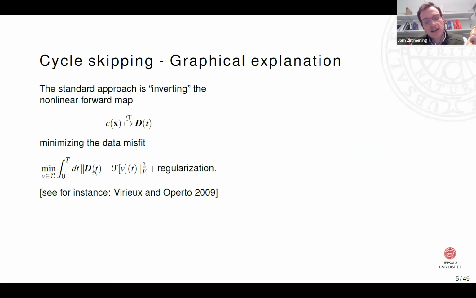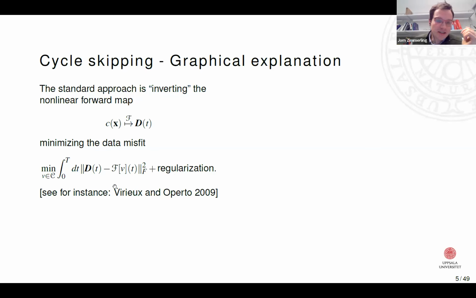So the measured data, boldface d of t, minus the forward map F that we can compute of some search velocity v that lives in a search space script C. And then these types of problems, because they're ill-posed, for stabilization always need some form of regularization.